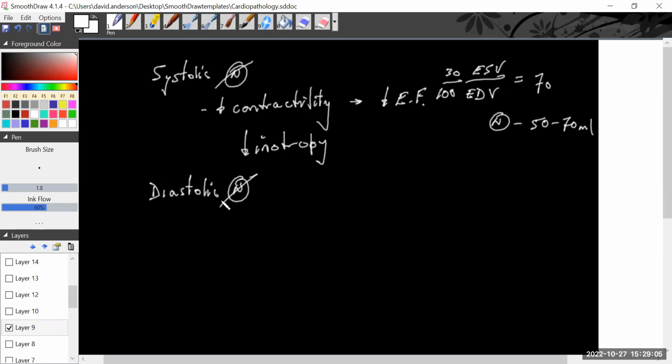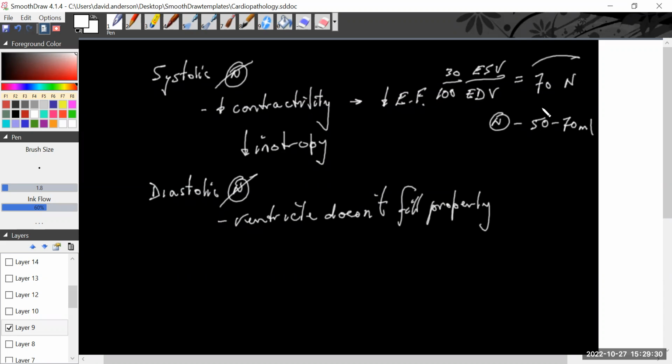It doesn't fill properly. So up here we said end diastolic volume was 100, so there was no problem with filling. So this was normal.